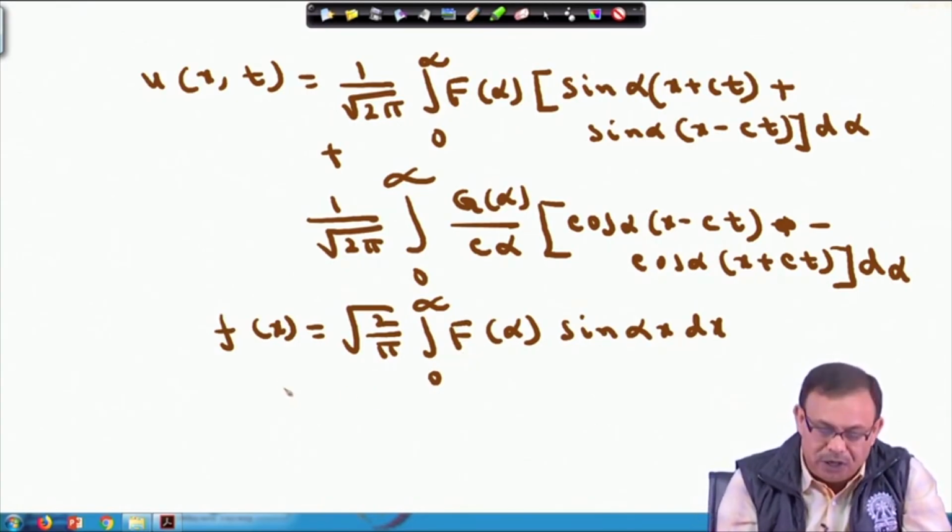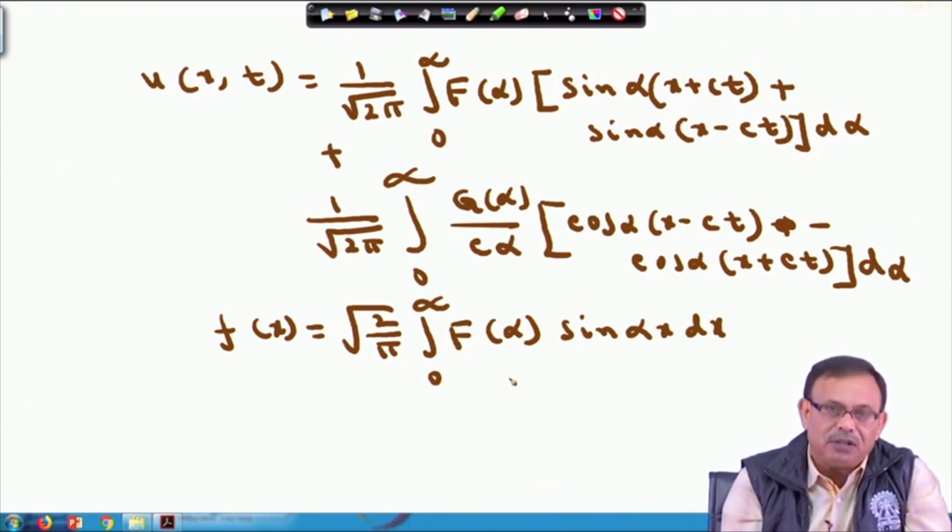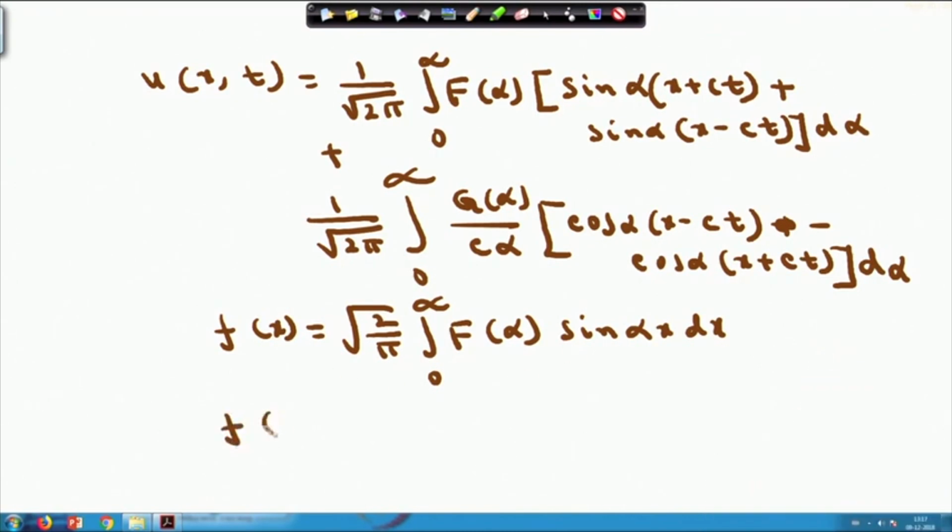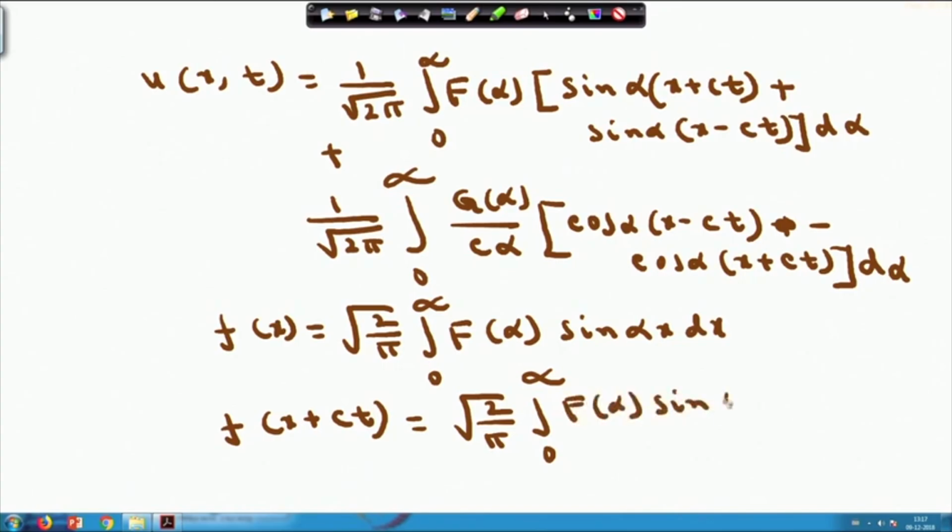So once I have written f(x) as this, what is f(x+ct)? f(x+ct) you can write down as root over 2 by pi, integral 0 to infinity, F(alpha) into sin(alpha(x+ct)) d alpha, since you are taking inversion.